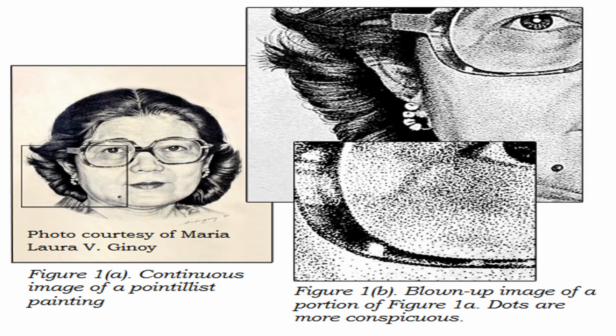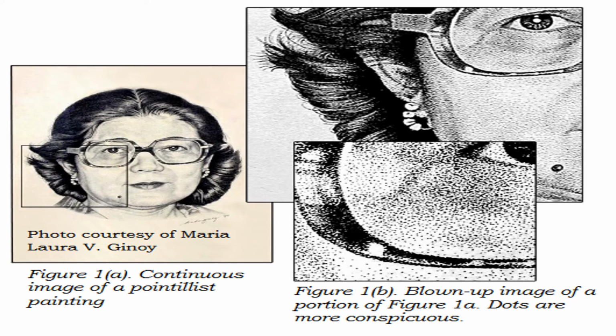Now, try to look at this image as it was explained earlier in the previous slides. If you can notice, the image comprises dots. If you look closer, these dots create an image. As you can see in figure 1, this is a continuous image of a pointillist painting.